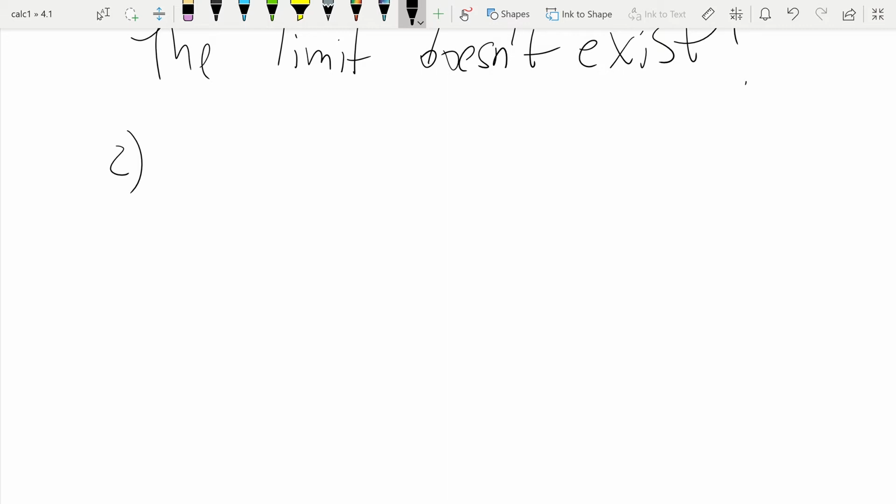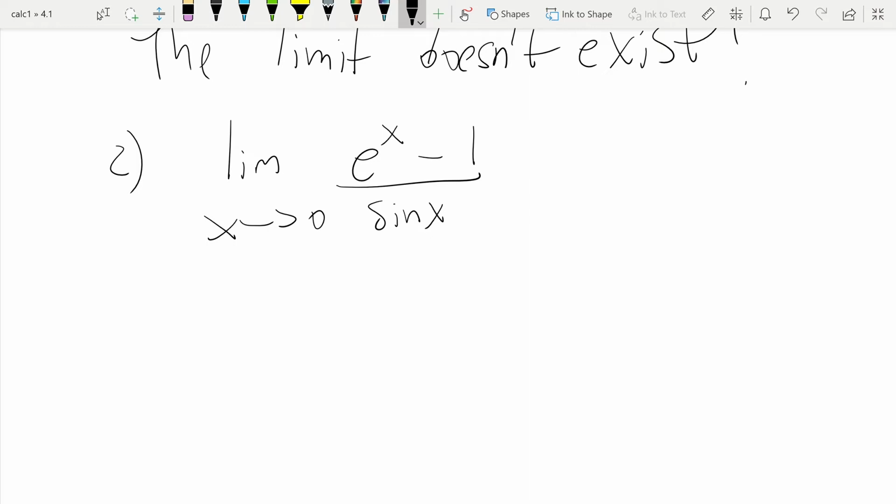We need to ask what happens when you compute the limit as x approaches 0 of e to the x minus 1 divided by sine x.